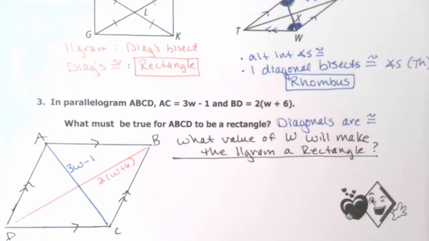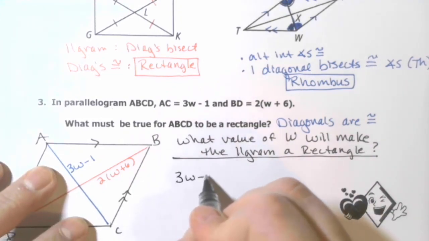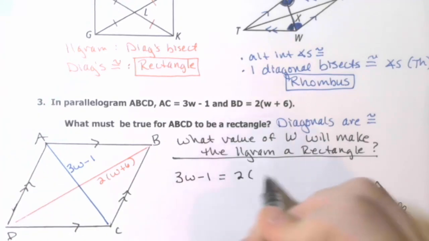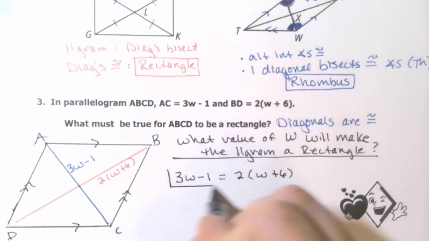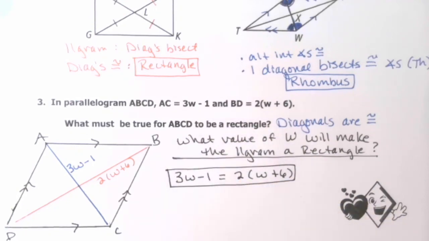Well, if it's a rectangle, the diagonals are congruent, which means that 3W minus 1 has to be equal to 2 times W plus 6. That has to be true for it to be a rectangle.